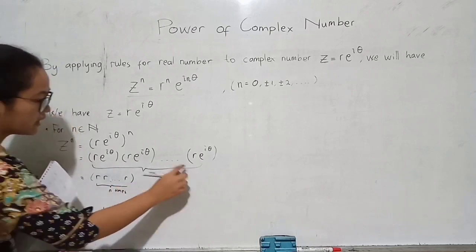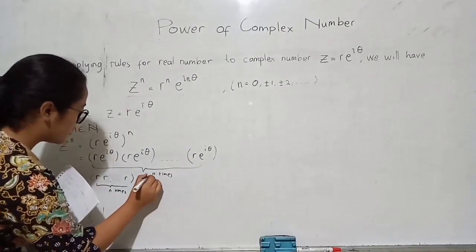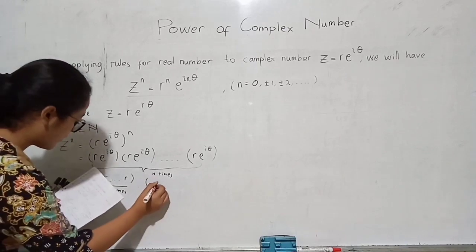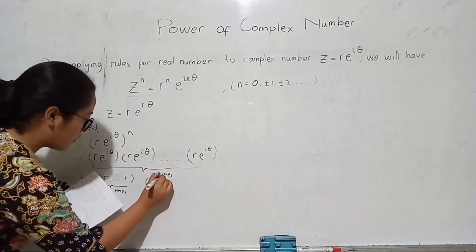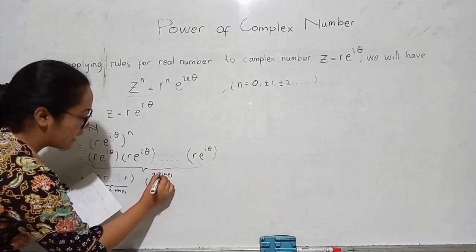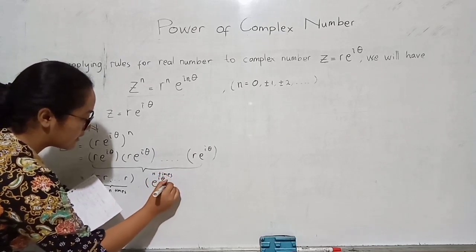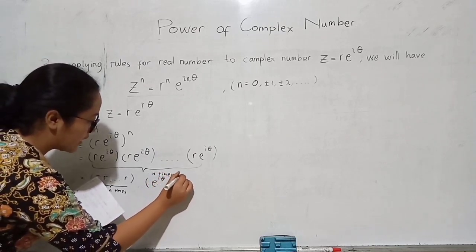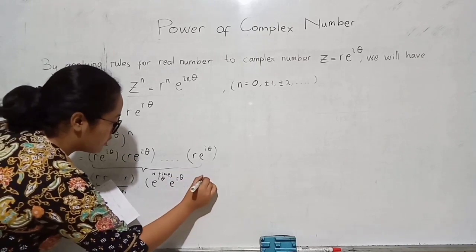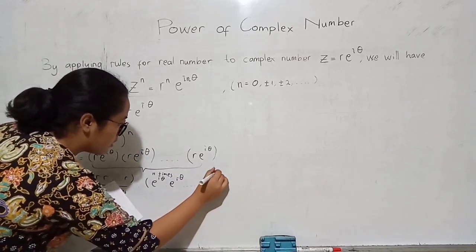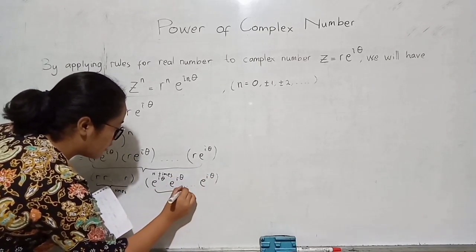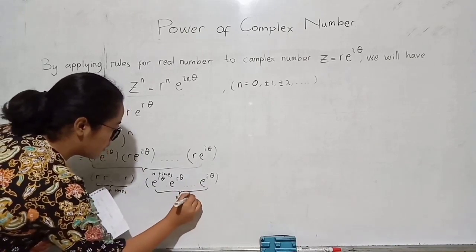And for this one, it becomes also exponential i theta times exponential i theta, and so on until n times.